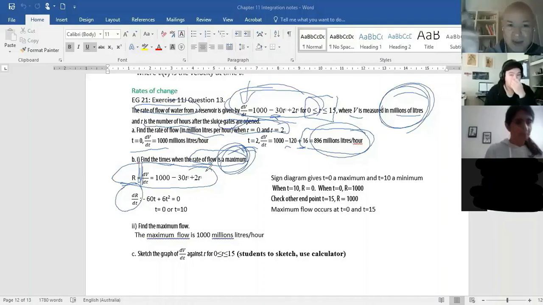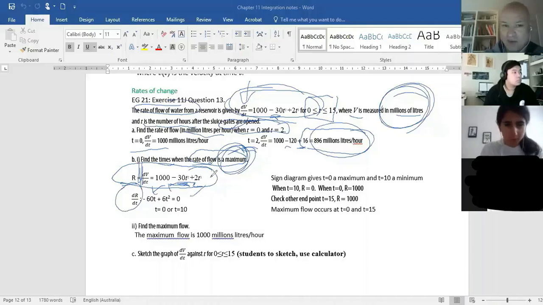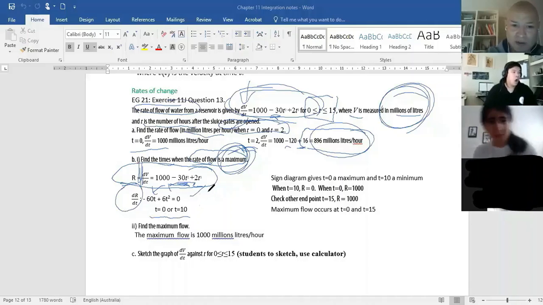Okay, so differentiate 1,000, that's fine. Negative 30t squared becomes negative 60t, and 2t cubed becomes 2 3s are 6t squared. Put it equal to 0 to find out what the maximum is. The maximum occurs at t equals 0 or t equals 10. For those of you that want more steps, here it is. I'm going to take 6t as a factor.